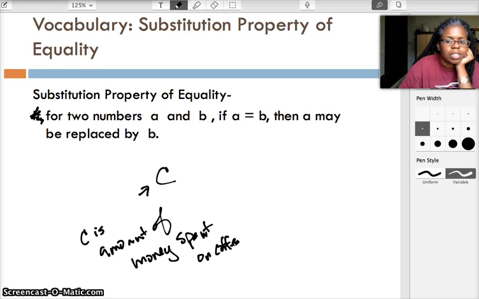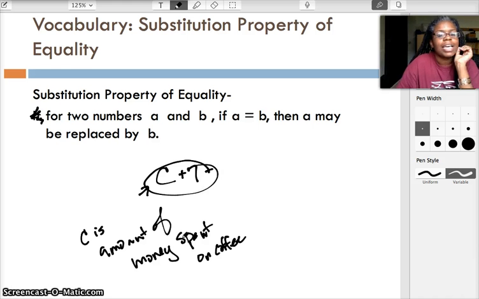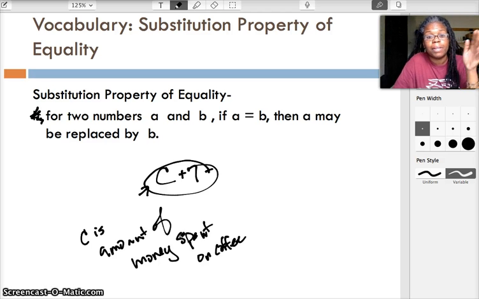Okay? If C is the amount of money spent on coffee, and then I spent $7 on a fancy bagel, this algebraic expression represents what I spent, right? C, whatever amount of money I spent on that coffee, plus 7.